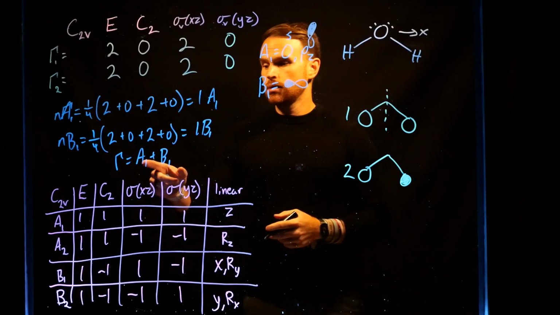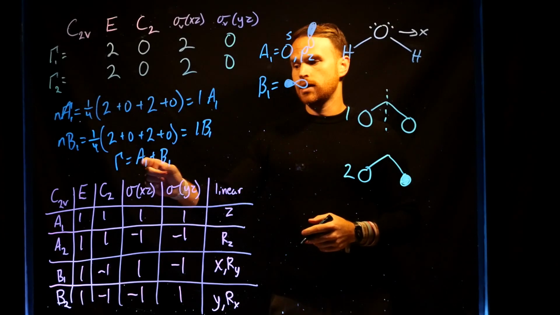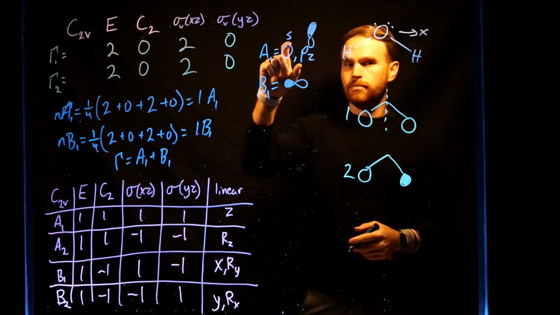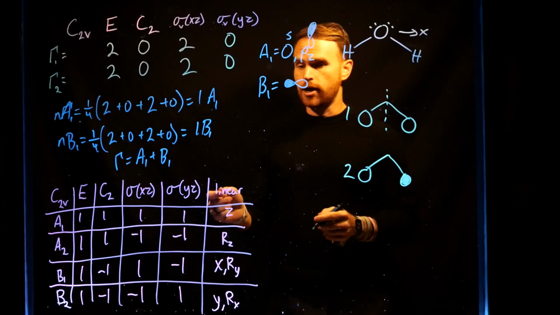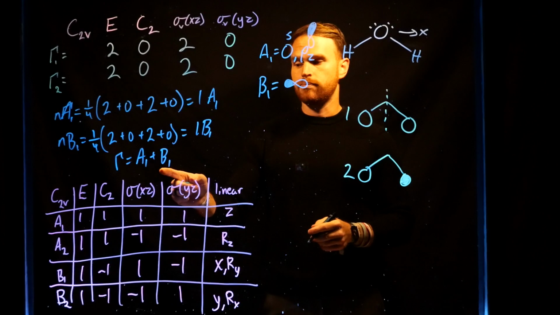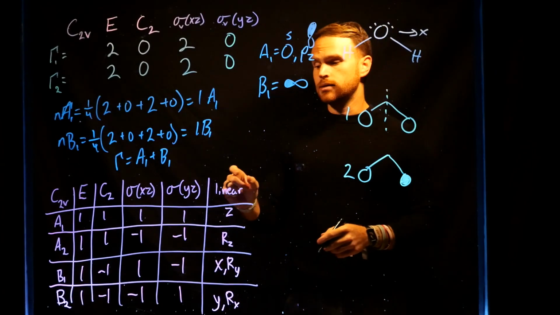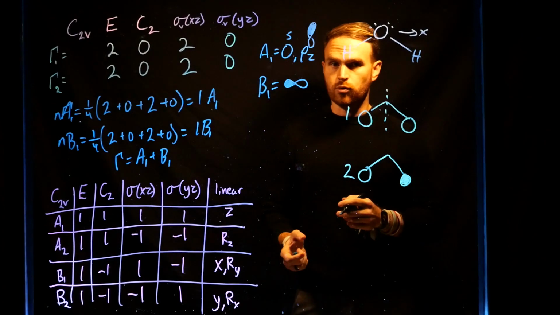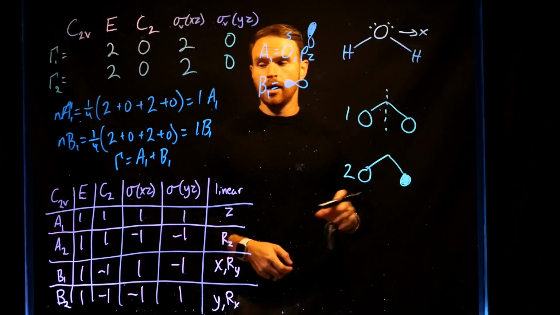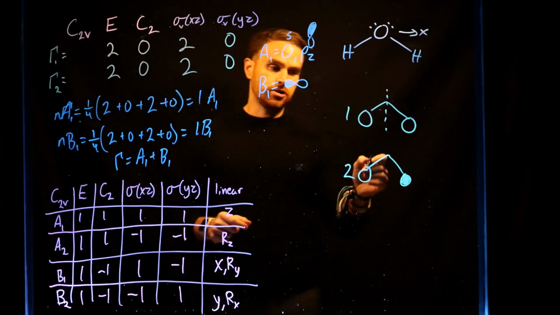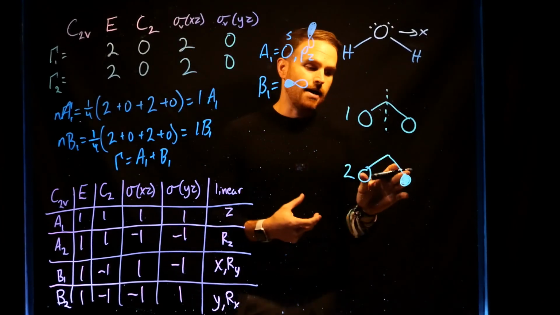Now notice that this means that we can create a sigma bond using the A1 of the center atom and A1 from the outer atoms, in addition to using a B1 with the px orbital and the B1 irreducible representation for the outer atoms.